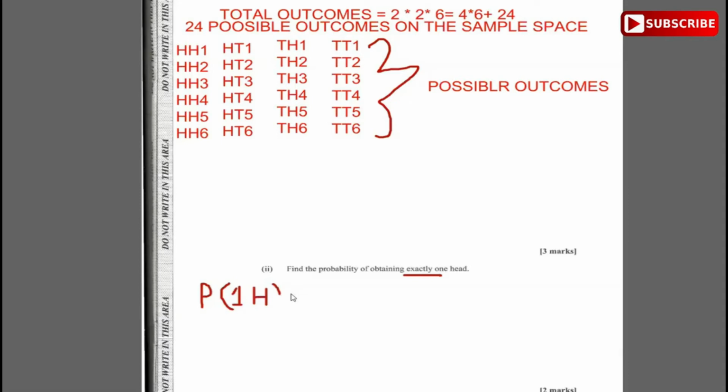The probability of getting 1 head is going to be equal to, on the first die, you'd have to get a head, which is 1/2.